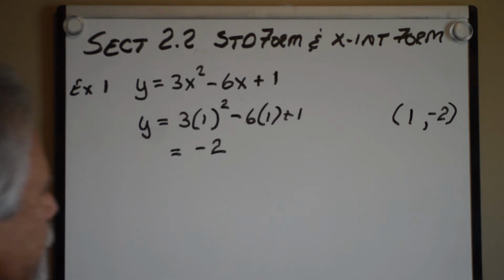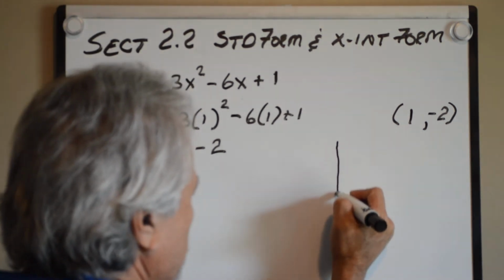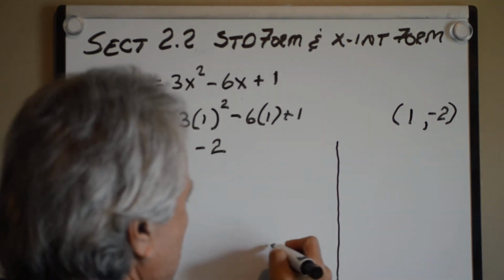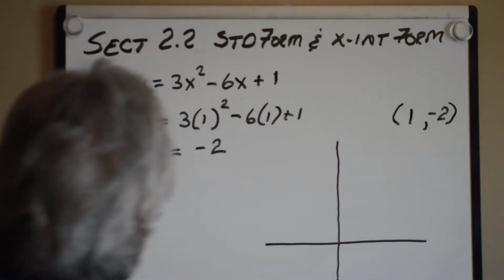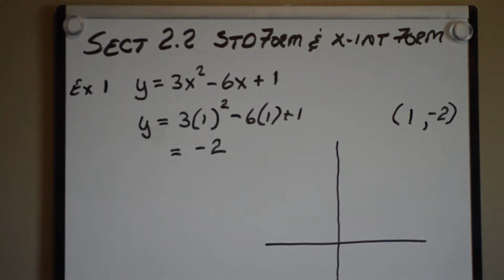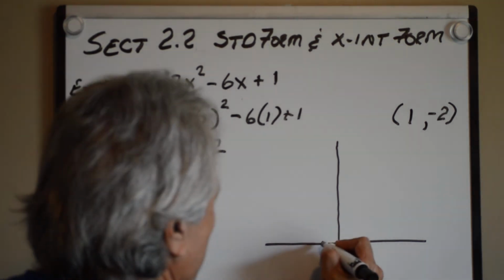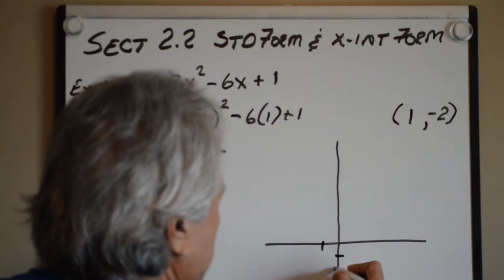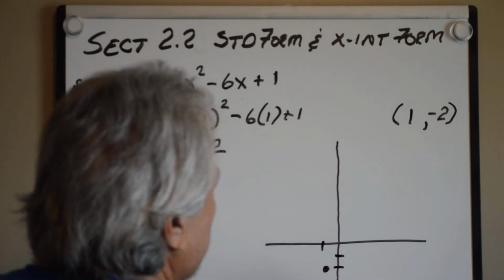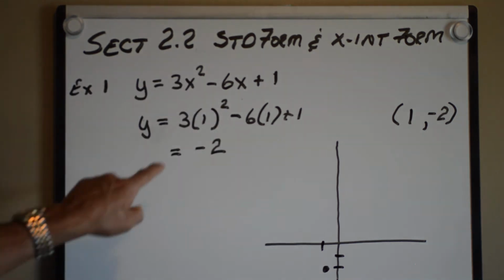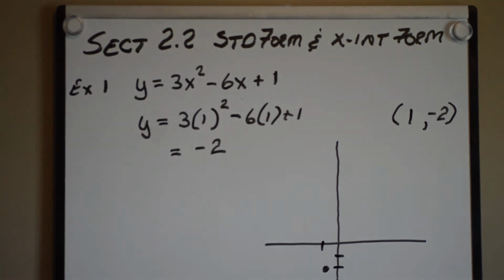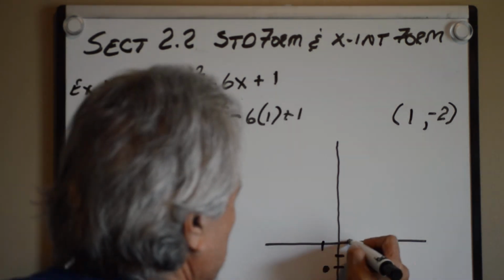Alright, so now then, all I have to do is come down here and come over here. So it's 1 and negative 2. Down there is my vertex. I do have a multiplier.